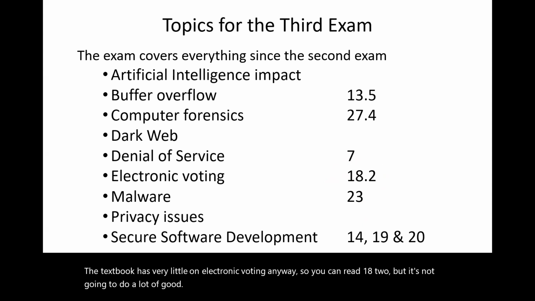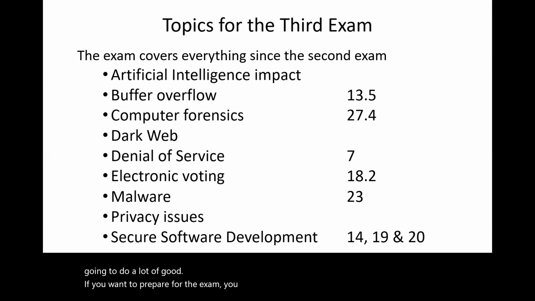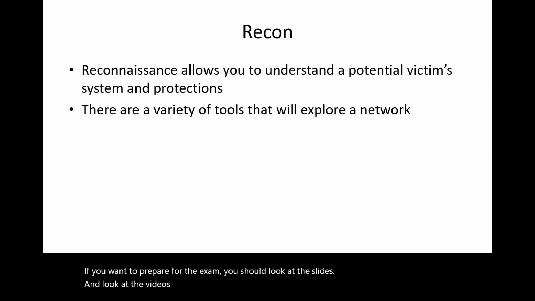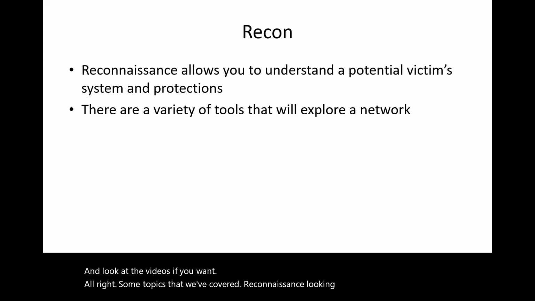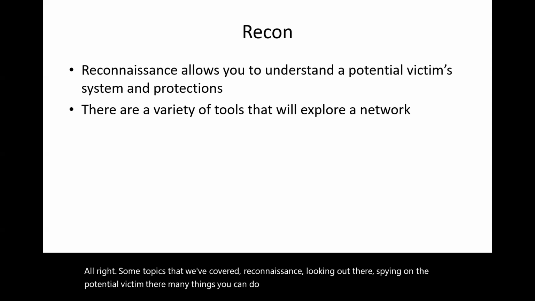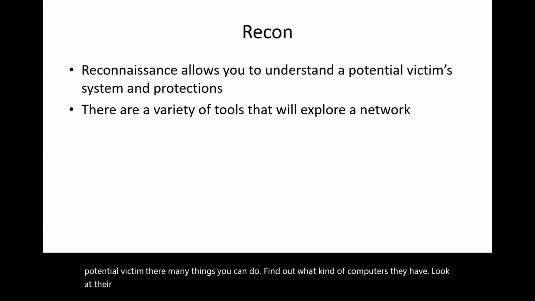If you want to prepare for the exam, you should look at these slides and look at the videos if you want. All right, some topics that we've covered. Reconnaissance, looking out there, spying on the potential victim. Many things you can do: find out what kind of computers they have, look at their network mapping. There are all sorts of tools out there to explore your system and find out as much as you can about the victim before you attack them.